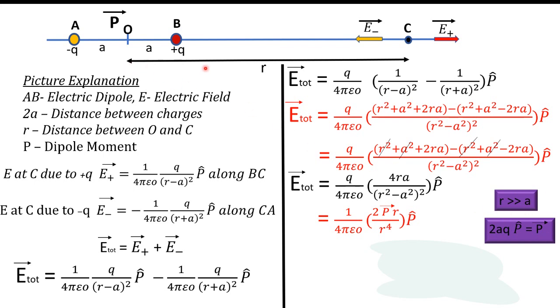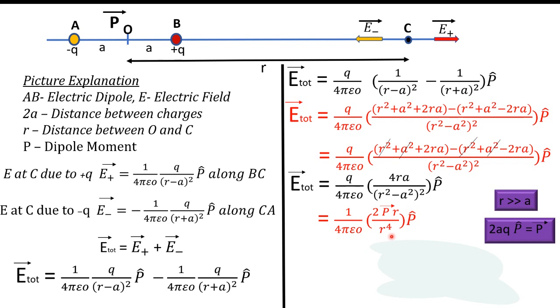The distance where we are finding the electric field may be in some millimeters. So, we have a drastic difference. Since a power 4 is in the denominator, it will be very small, and so a power 4 could be neglected. And so we have the denominator r power 4 only.